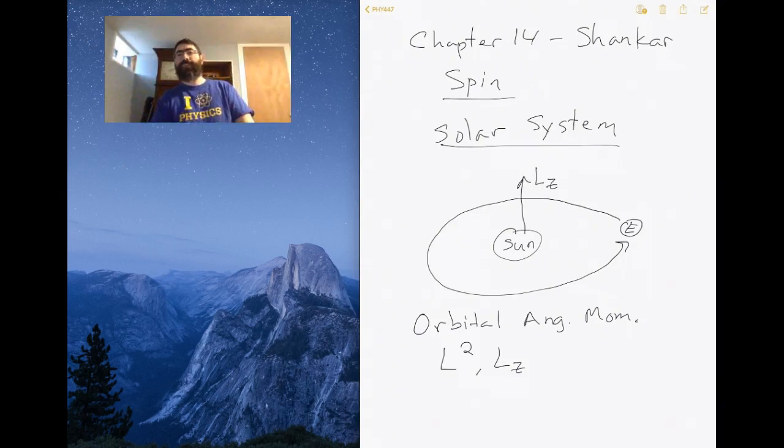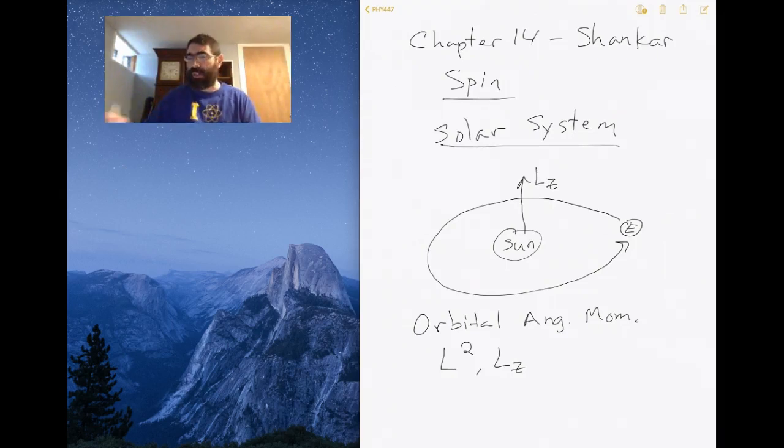And that seems analogous to what goes on in the atom, even though the atom is not a solar system. The electron is still orbiting at a large distance from the nucleus of the atom.